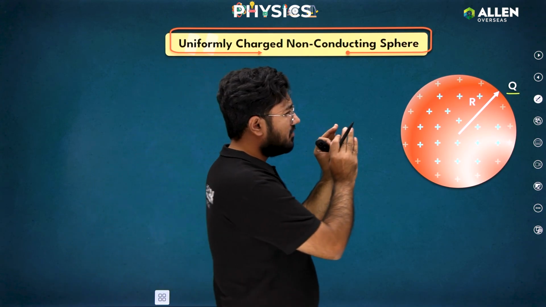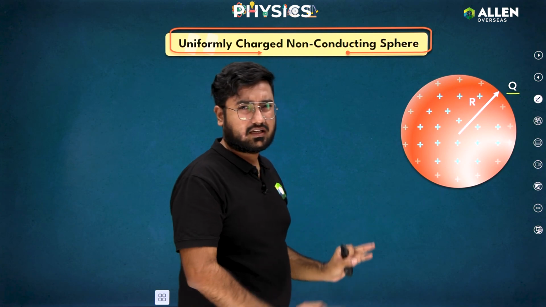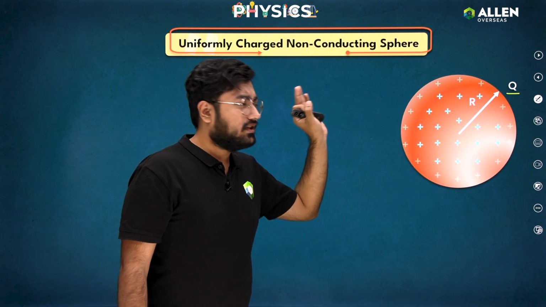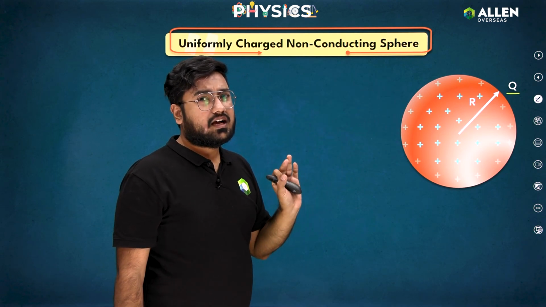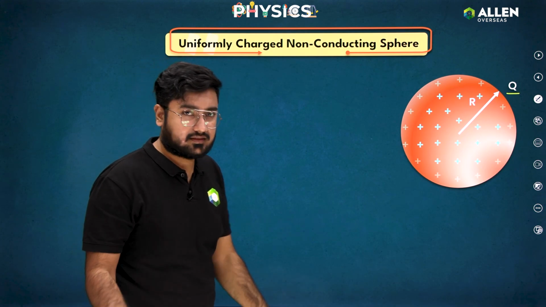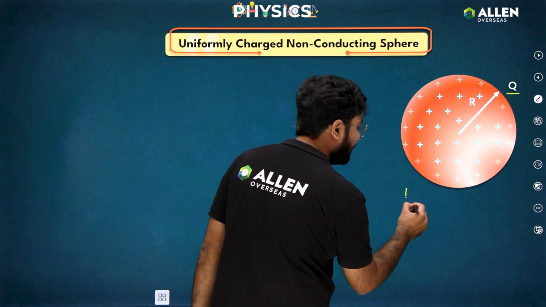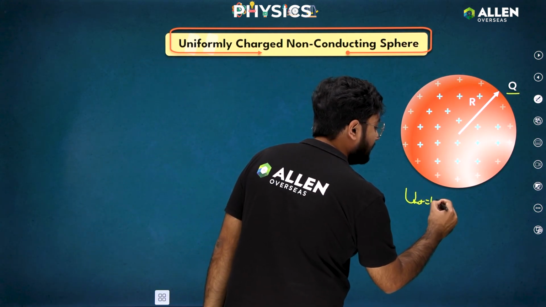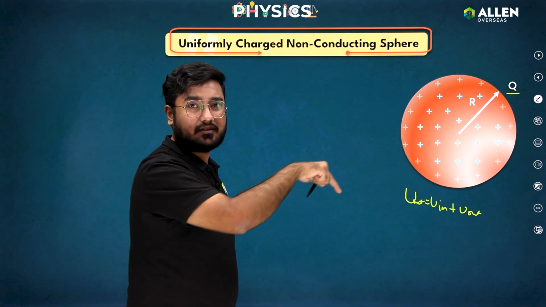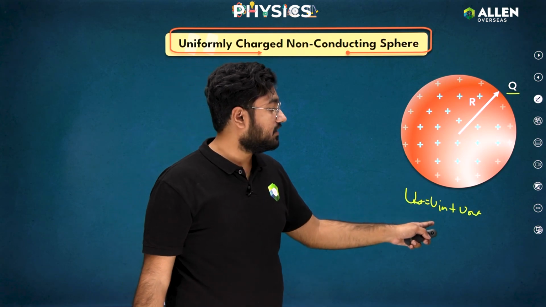So I can model it out. That does not happen in real life. In order to mathematically model it, I will be using a trick. What's that trick? First is you can definitely calculate U net equals U inside plus U outside. Now in this case, inside electric field is non-zero, so you have to evaluate this thing as well as this thing as well.